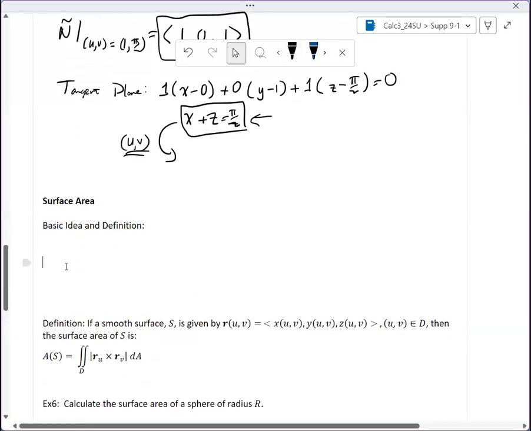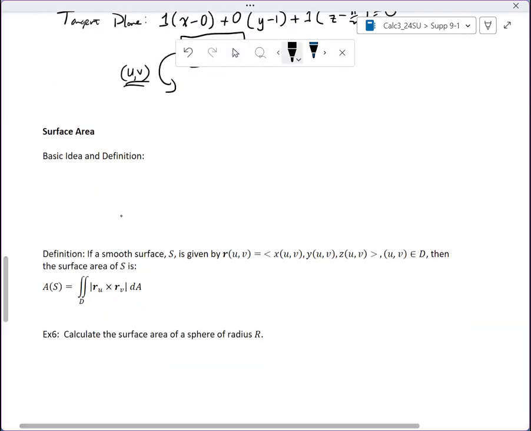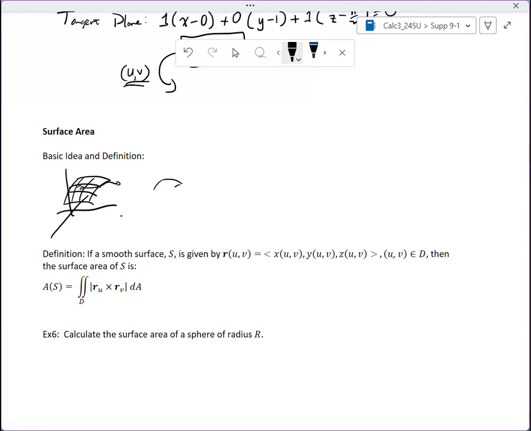Okay, so moving on now to surface area. And again, this is kind of a topic that we've seen before. If I have a surface, and I imagine it's broken up into some small bits of surface, I take an arbitrary little bit of surface, and I know that this little piece of surface here is approximately equal to its tangent plane.